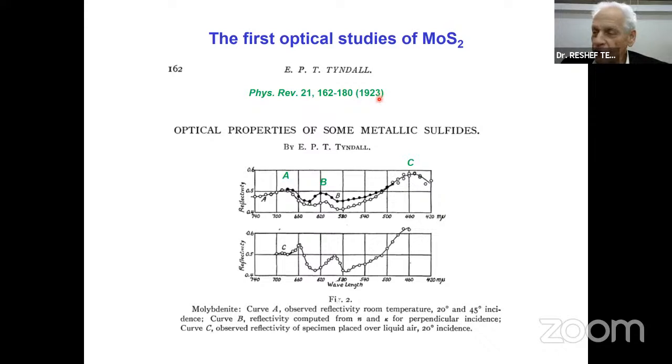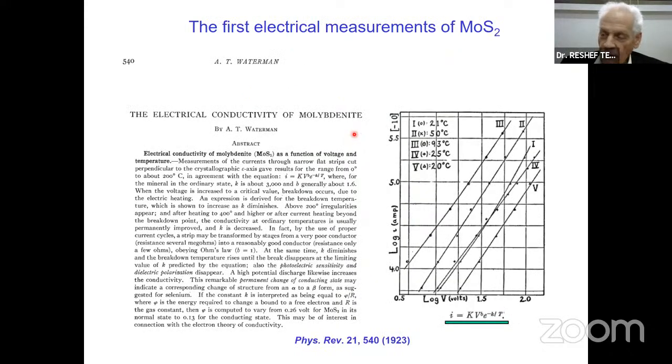So you see, it's 100 years old, but very valuable information was already obtained at this early time of research on 2D materials. And this is the third paper that I would like to bring to your attention before going to the subject of nanotubes.